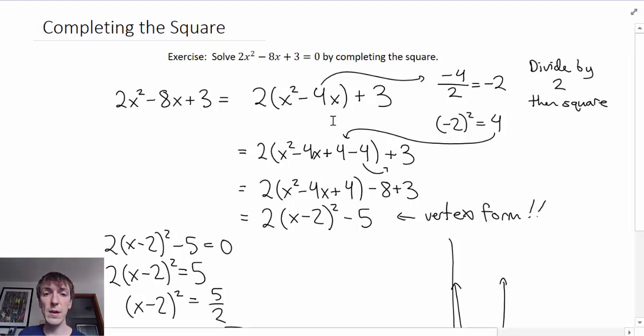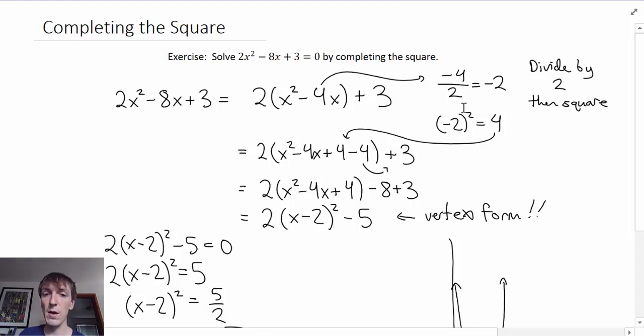Now, this number here, which you can think of as your b, is the number that we're going to do a quick mini calculation with. Sometimes I do this calculation in my head, but I'm going to write it out for you guys. So this minus 4, the calculation is always divide it by 2 and then square that number. So if I divide minus 4 by 2, I get minus 2.